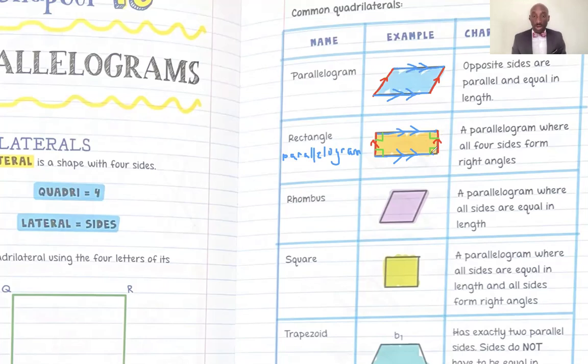A rhombus. A rhombus is also a type of parallelogram. It's a parallelogram where all sides are equal in length.